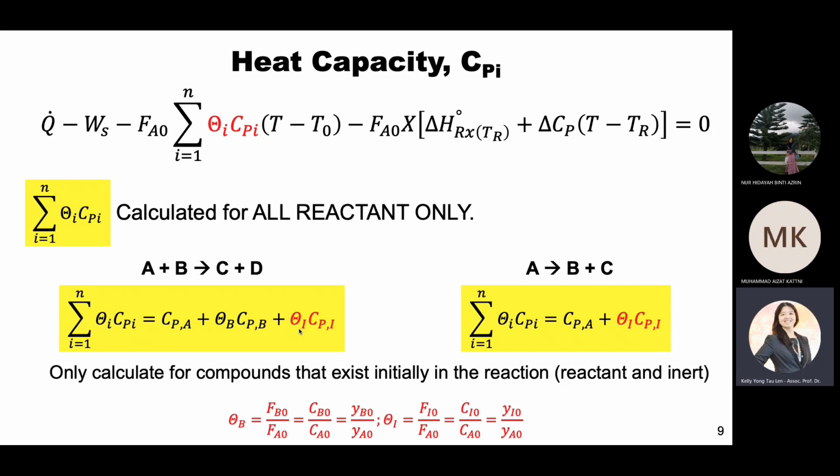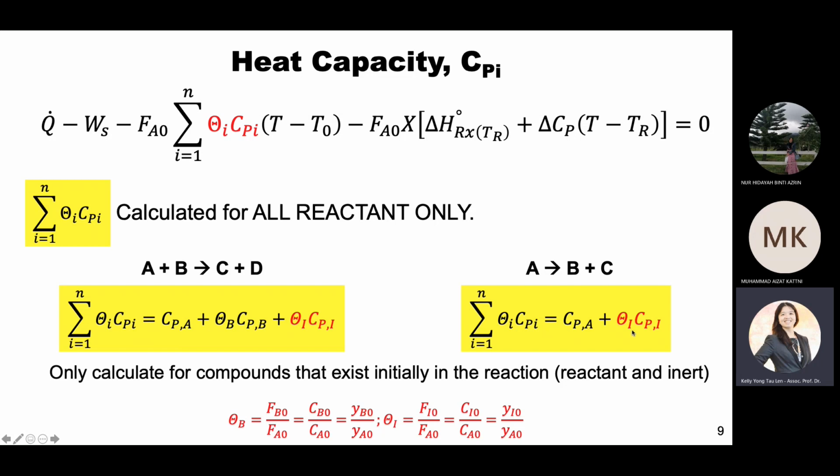Okay. Now, tetapi equation ni kalau kamu perasan, you cannot actually memorize macam tu je, sebab equation ni boleh berubah. What do I mean? Okay. Kes yang pertama yang tadi saya cakap, bila A dan B adalah reactant, maka there will be theta B CPB. However, katakan if your reaction only has one reactant A sahaja, hence summation theta I CPI will be CPA plus theta I CPI if you have inert.